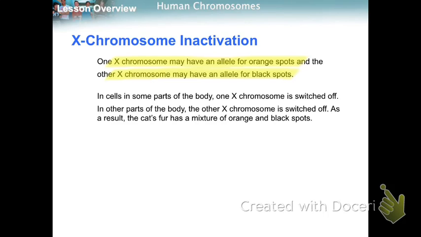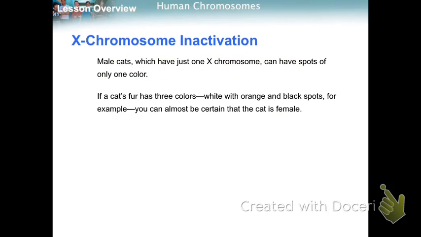So this is random X inactivation, and that leads to a cat's fur having a mixture of orange and black spots. Male cats that have only 1 X chromosome will only have 1 color of spots. If you see a cat and it has 3 colors in its fur, white with orange and black spots, it's almost 100% that cat is female.